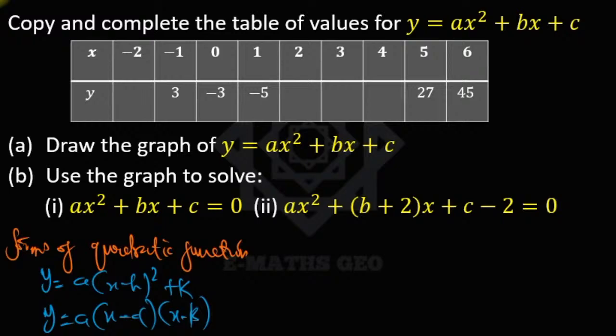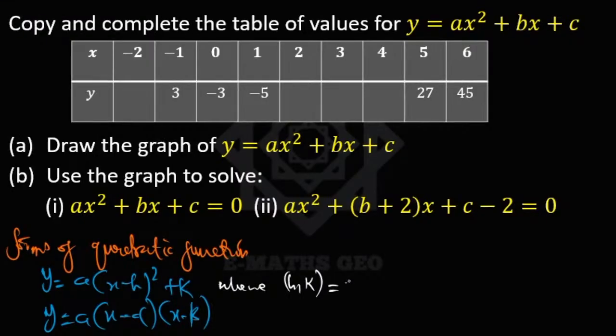The first one is where (h, k) is the vertex, and alpha and beta are the x-intercepts. We're not going to use those because, as you can see, there is no x-intercept here, that's where y is 0.